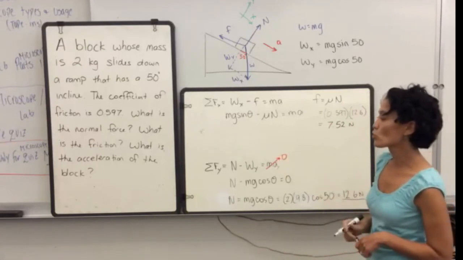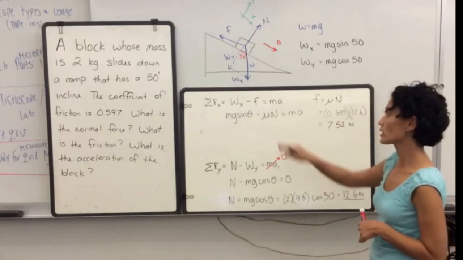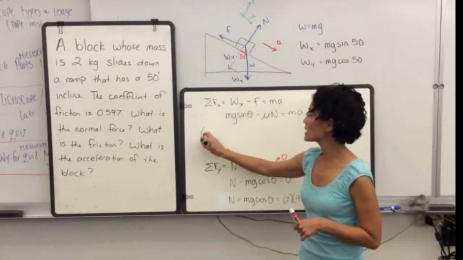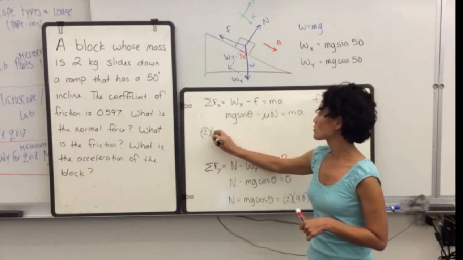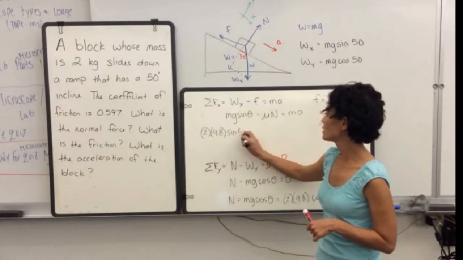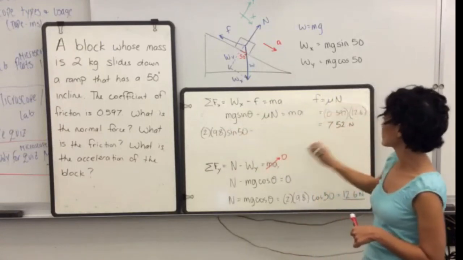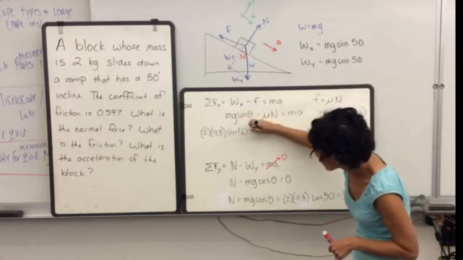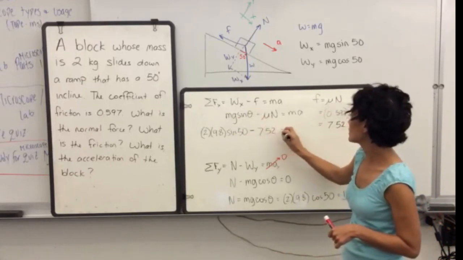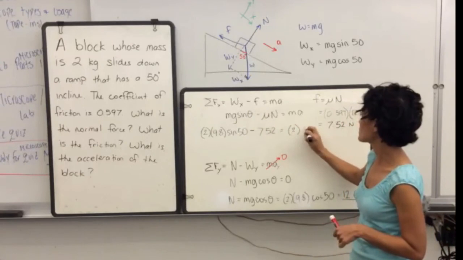And then the last question is, what is the acceleration of the block? So here's our only equation with acceleration. So we're going to come back here and say, okay, my mass is 2 times gravity of 9.8 times sine of 50 minus mu n. Well, I already calculated mu n, so this is going to be minus 7.52 equals 2 times a.